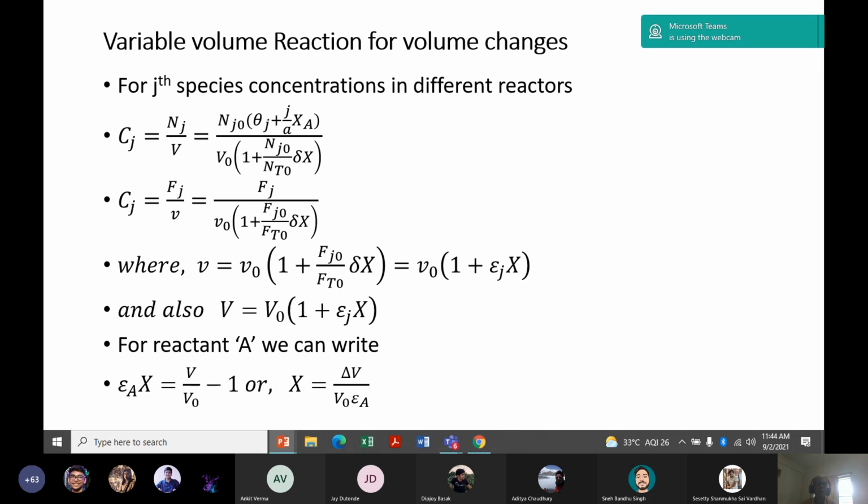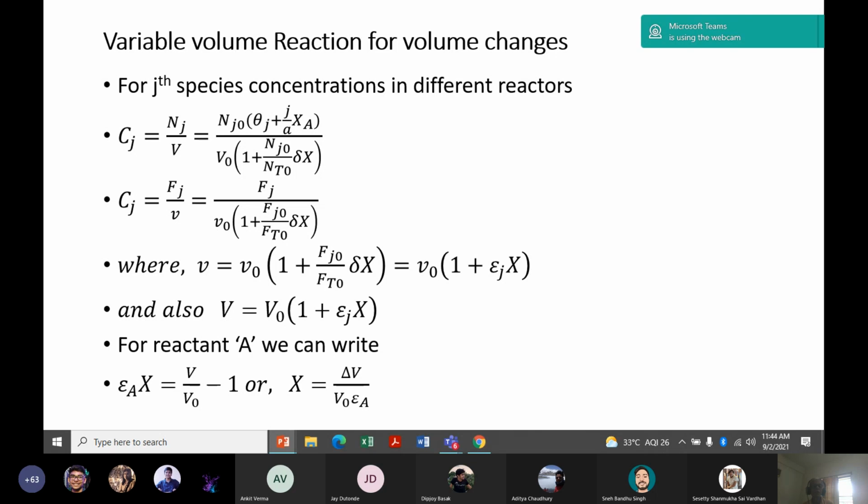So how epsilon is defined? Epsilon A is the fractional volume change during reaction for full conversion. Ideally, we assume conversion is 1, but practically it is not possible. So it is a fictitious assumption.